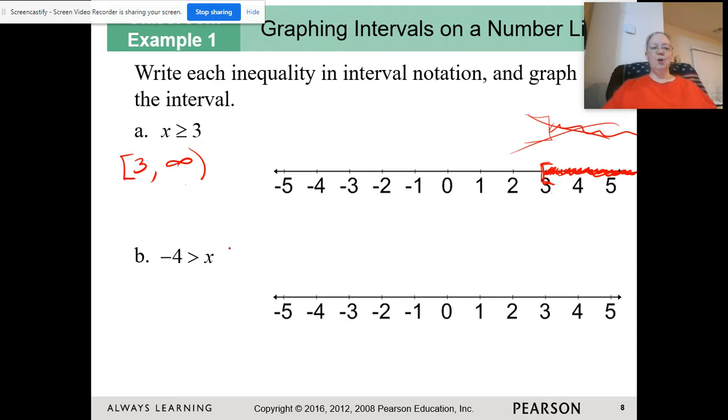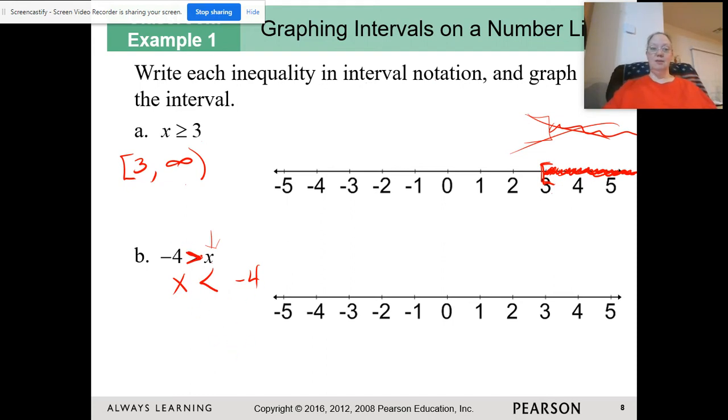So now this one, notice my variable is on the right side. It's so much easier to graph if the variable's on the left. I don't know if you guys remember how to reverse this, but you reverse it. So notice the little point is pointing towards the x, so my little point has to go towards the x when I reverse sides.